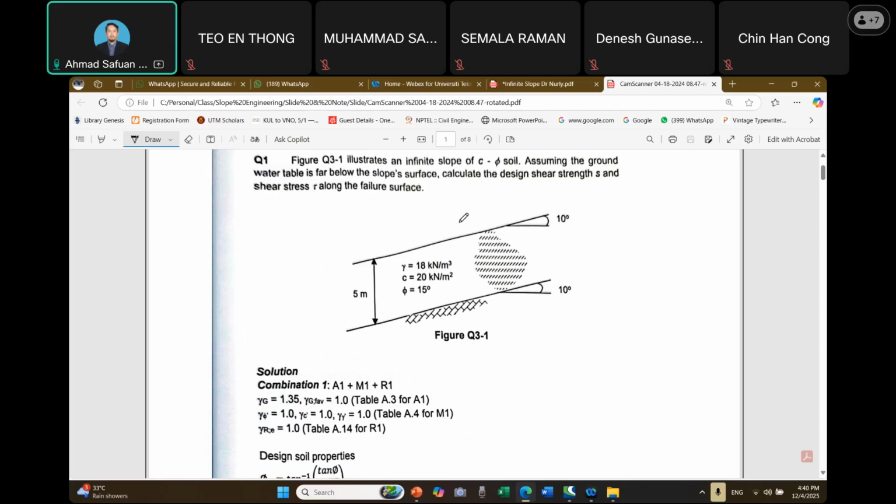For this case, we may not determine the over design factor, because in Eurocode 7, the last product we call the over design factor.